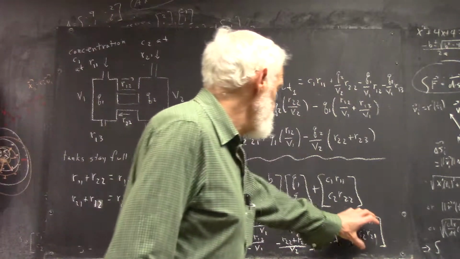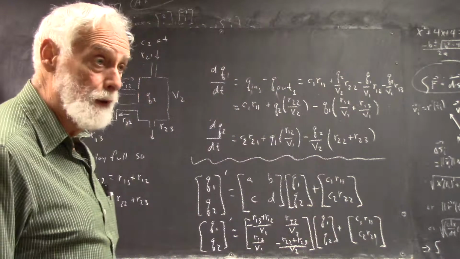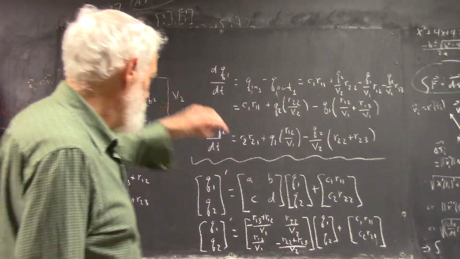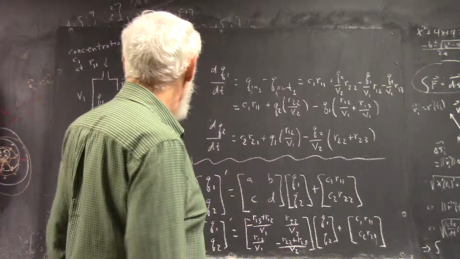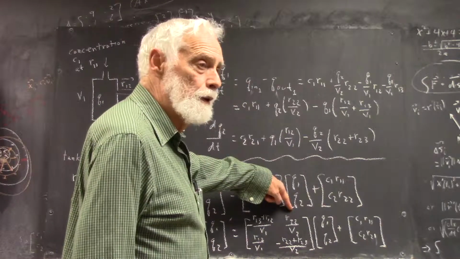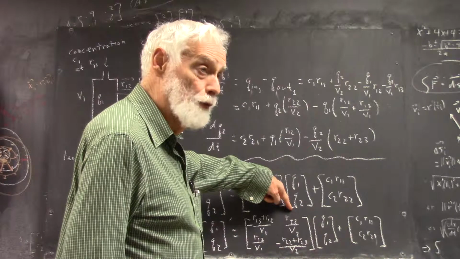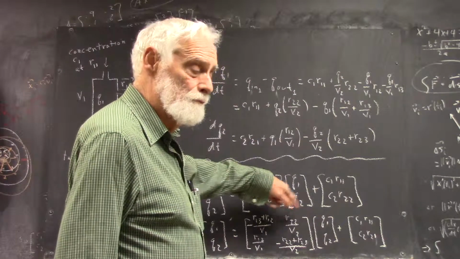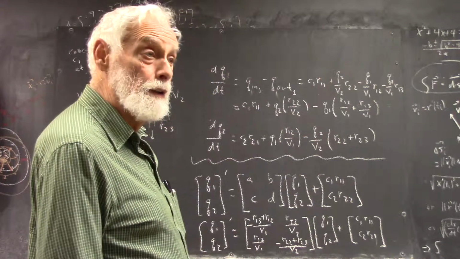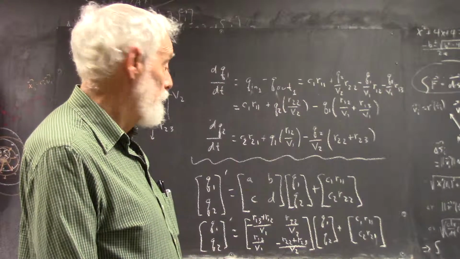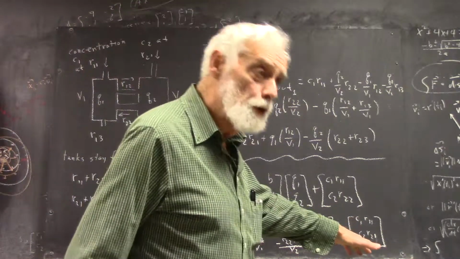Yeah, if these are both 0, you're just back to the equation we solved earlier, except that R12 and R22 aren't equal. Before they were. Did that make any difference in the solution of the equation? Okay, but here we have a more general equation.